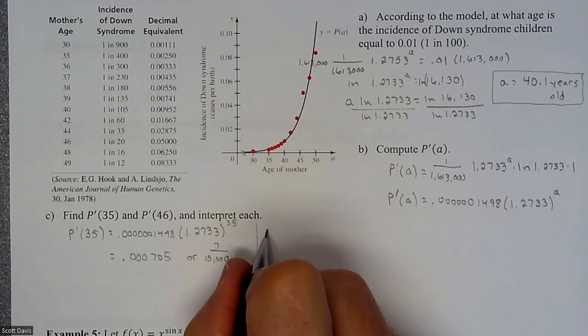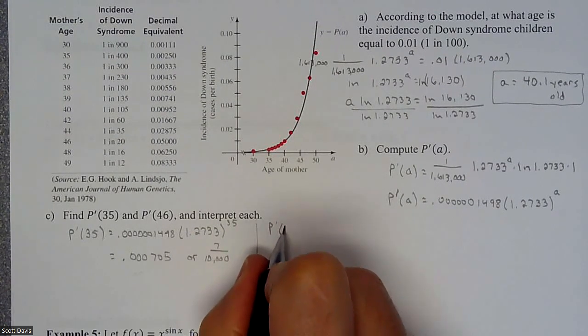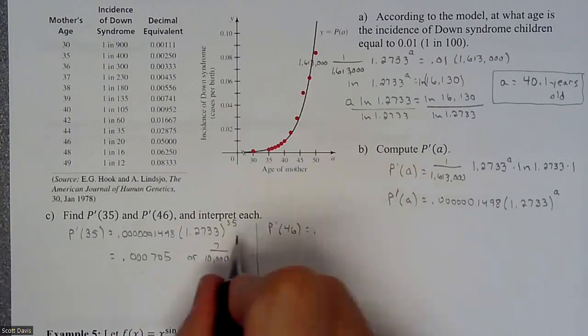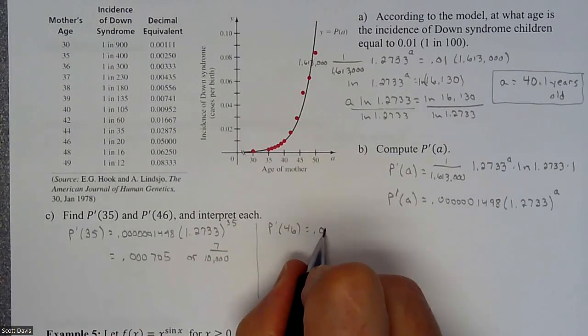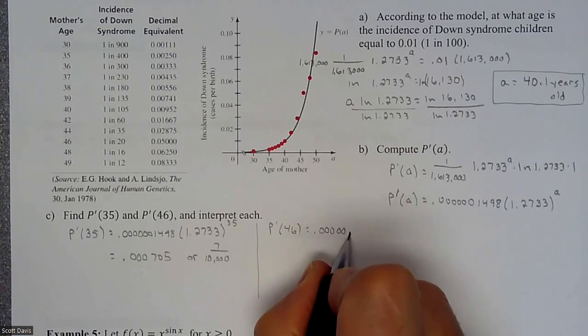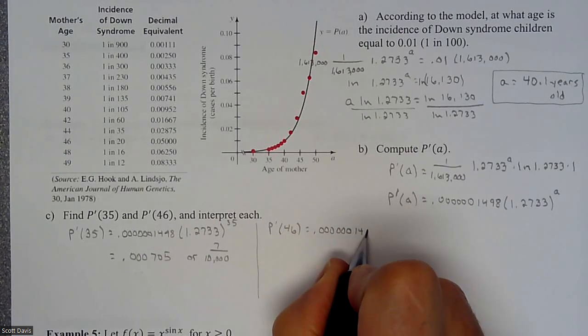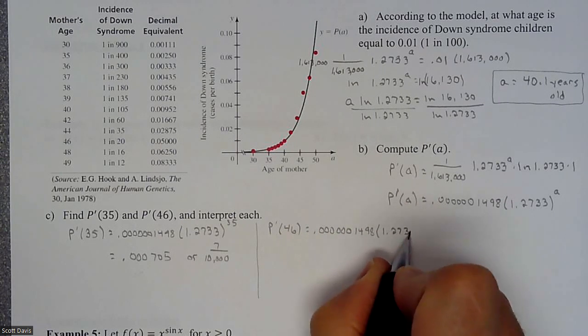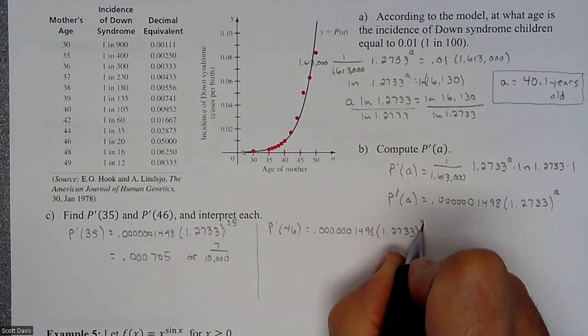Versus when you do it at 46, you're looking at the exact same thing. We're just plugging in a 46 versus 35. So 0.000001498 times 1.2733 raised to the 46th.